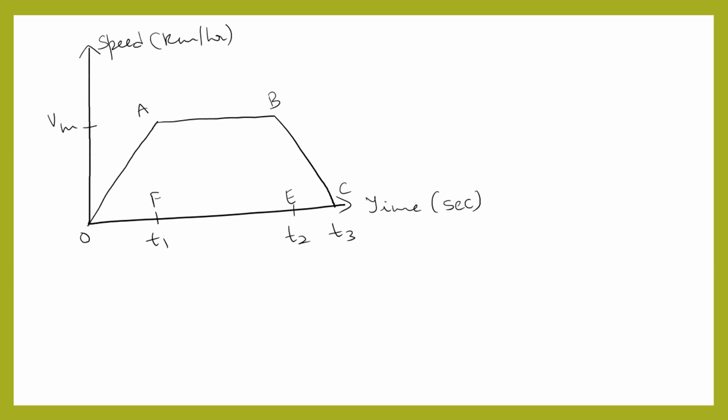So the train run is made on a level track according to the trapezoidal speed time curve.